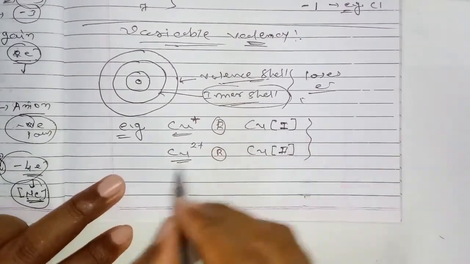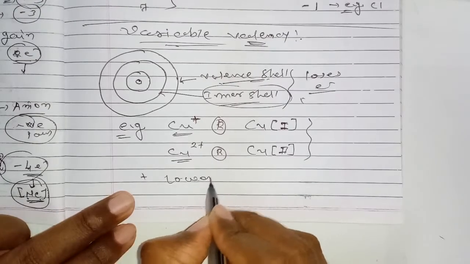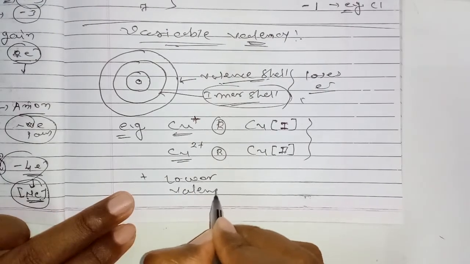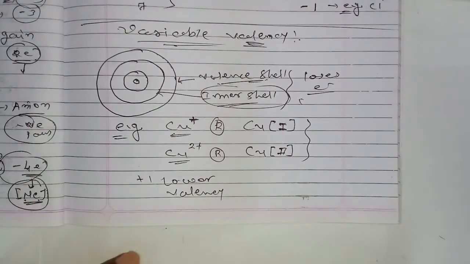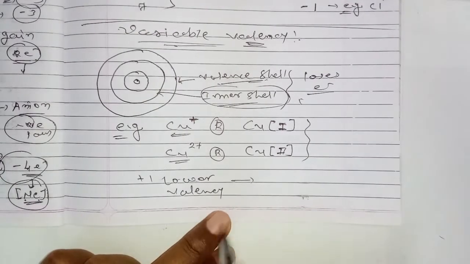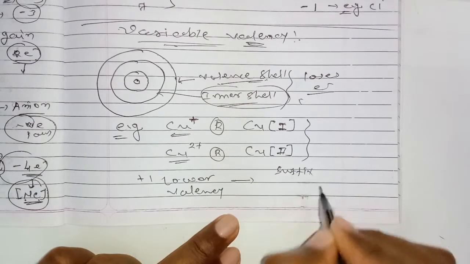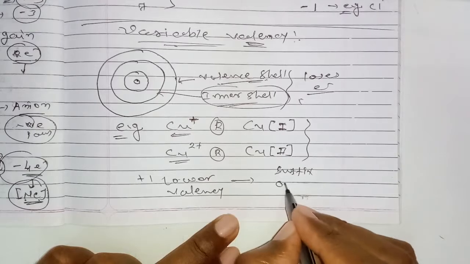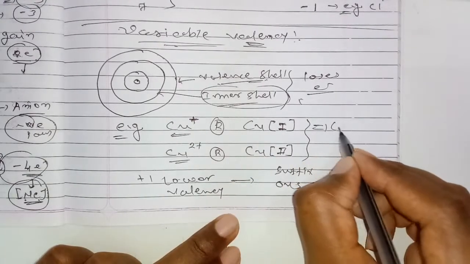Plus 1 is the lower valency, and whenever it is the lower valency, its suffix will be OUS, so its name will be cuprous.